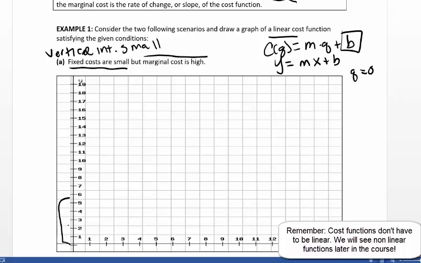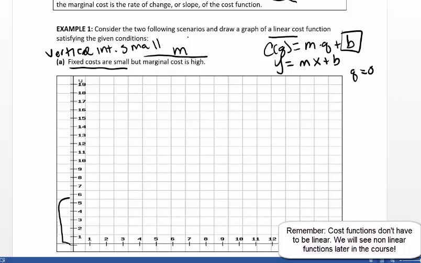Now, marginal cost is high. So remember, we said the marginal cost is our analysis on the margin, or what it would take to produce one more, which is the slope. So marginal cost, which is slope, being high, means that our m is large, which gives us a steep line, right?